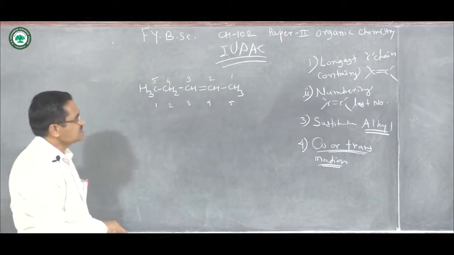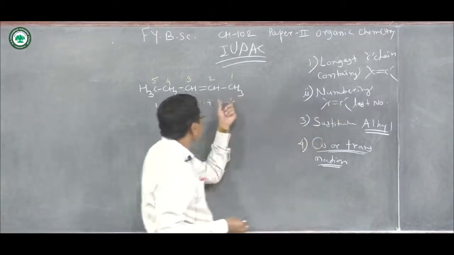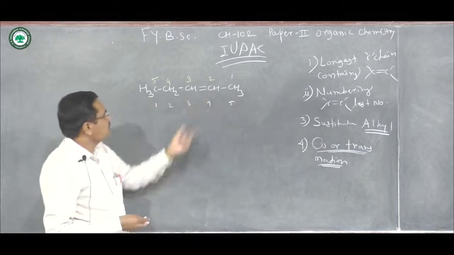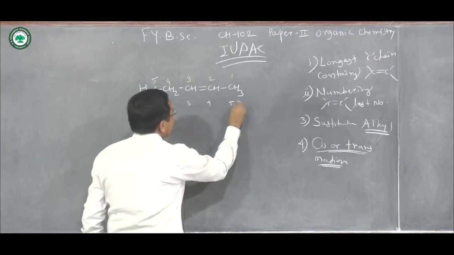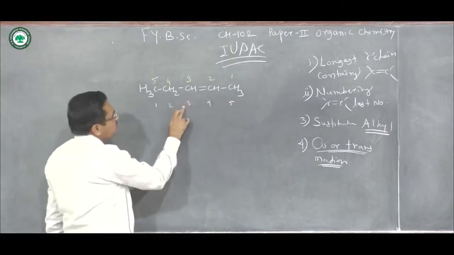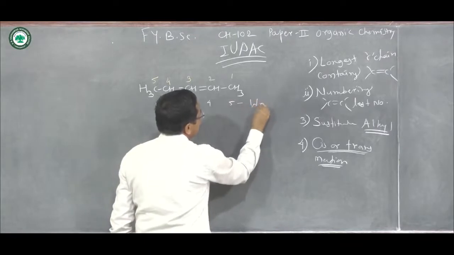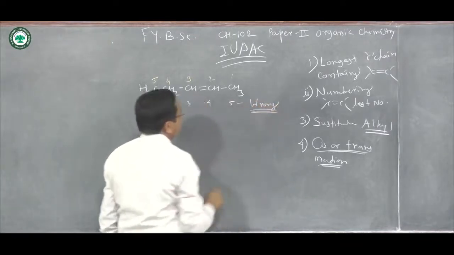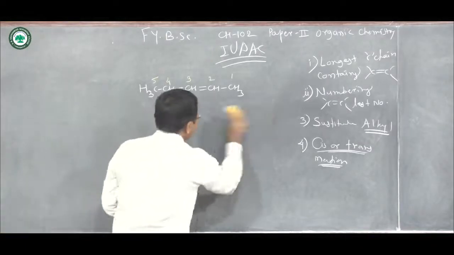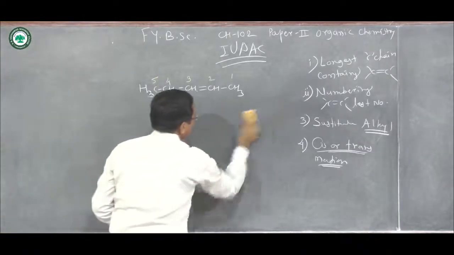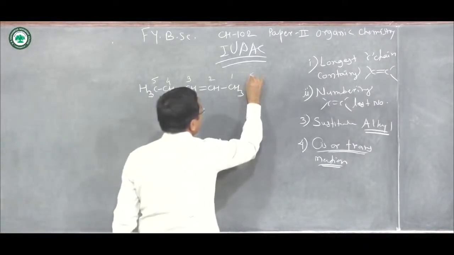But in this case we already mentioned the least number is for the carbon double bond, but in case of the second one the third number comes from the carbon double bond, so this is wrong numbering, so we discard this one, so this is the correct numbering.